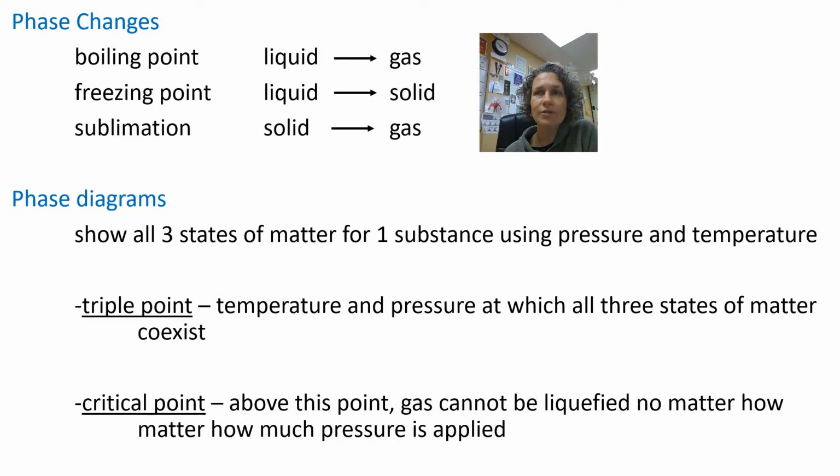It's not often that you see all three states of matter in one place at one time. And then you have the critical point, and this is the point at which, no matter how much pressure you apply, you cannot force the gas back into liquid form. And you can't force the molecules to stick together, to get close enough to become liquid.